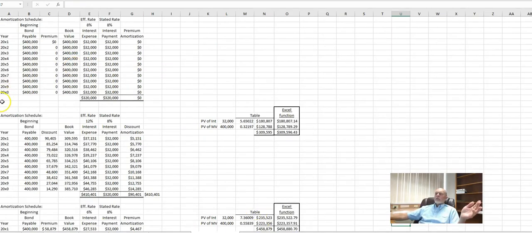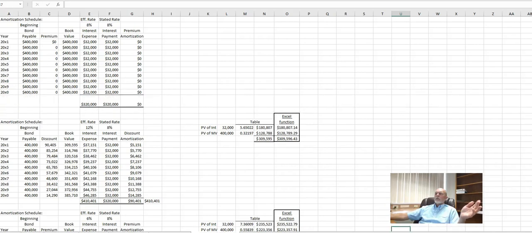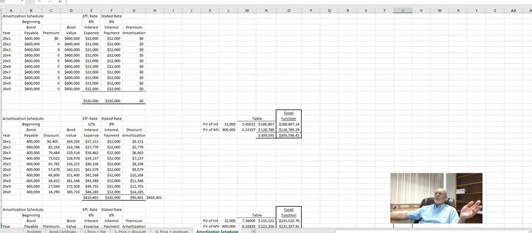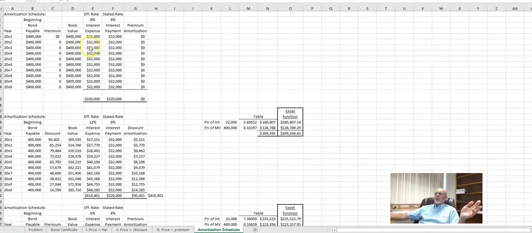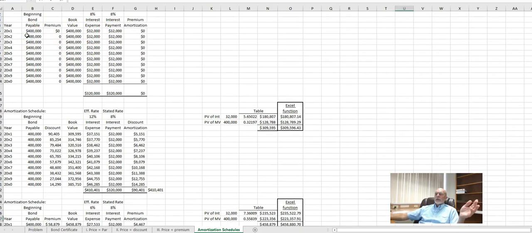In an amortization schedule, you're going to have the face value of the payable plus or minus any premium. In the first one, it's zero.